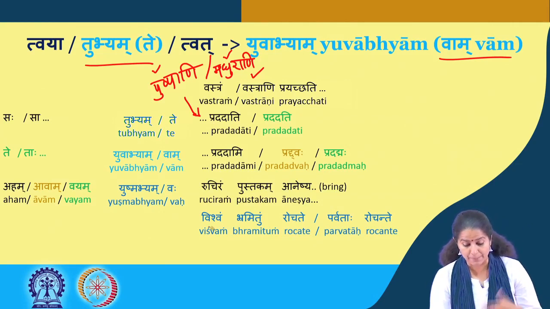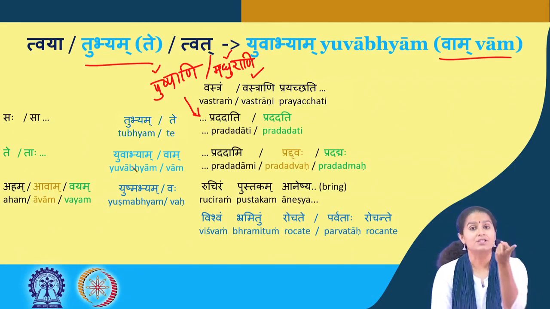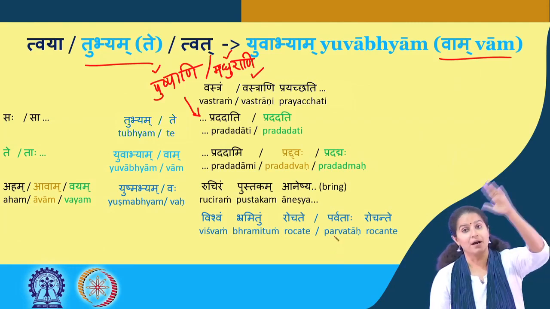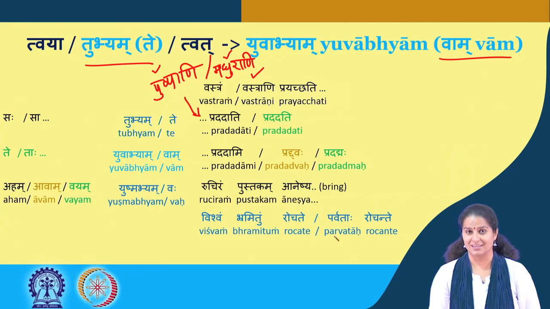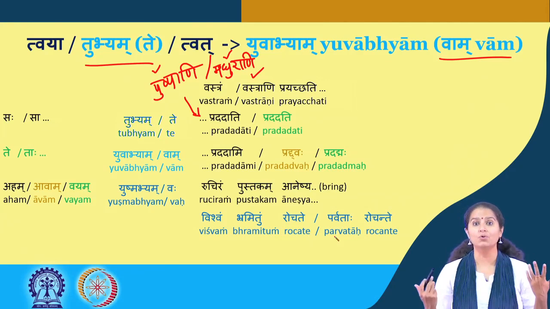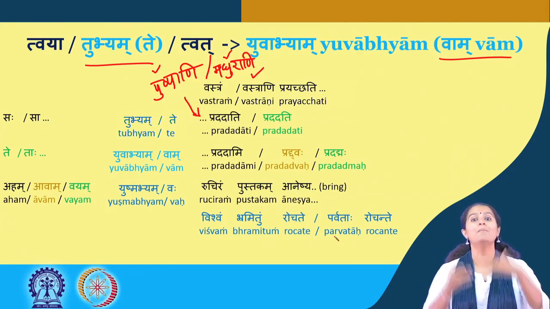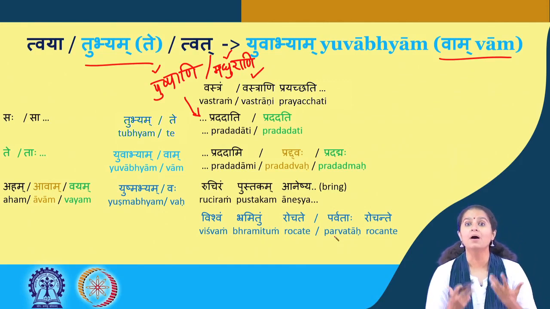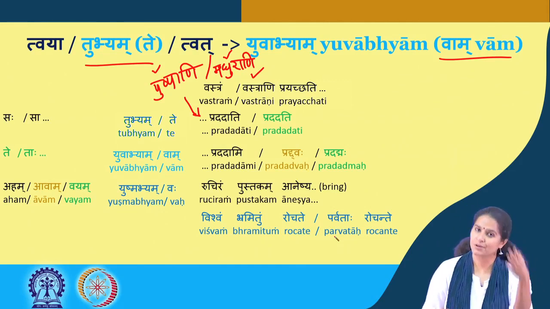Or you can say Tubhyam Parvataha Rochante. You like the mountains. Next, Yuvabhyam or Vam Vishwam Brahmitum Rochate. Yuvabhyam Parvataha Rochante. Yuvabhyam Ke Rochante. Yuvabhyam Parvataha Rochante. Uttamam. Kabhyam Parvataha Rochante.